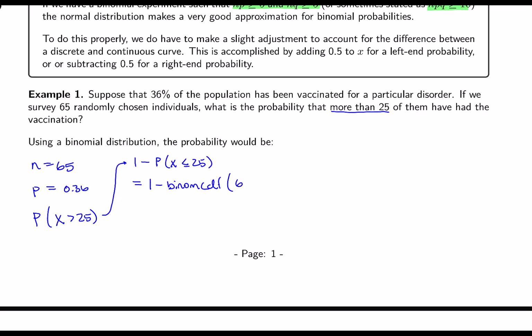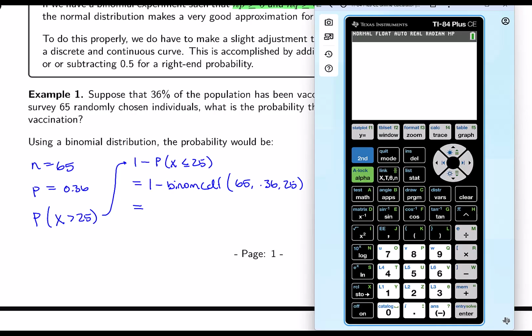So n is 65, p is 0.36, and x is 25. So if I calculate this on the calculator here, let's see what we get. So 1 minus, and then go over here to binomCDF, 65, p is 0.36 and x is 25. That's 0.291.